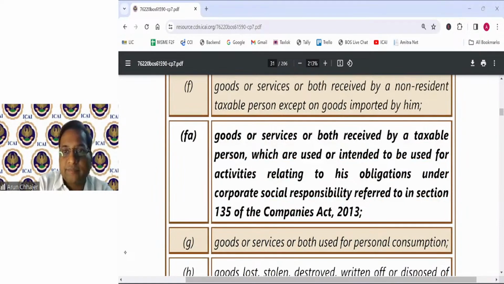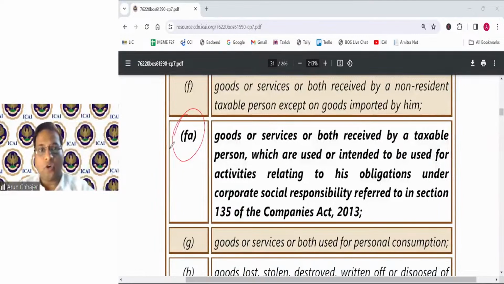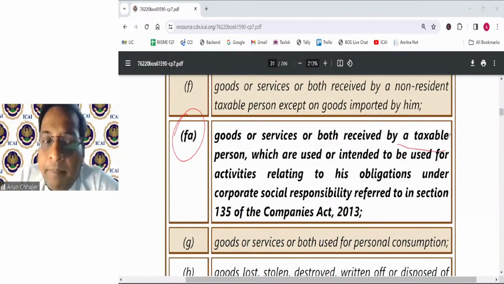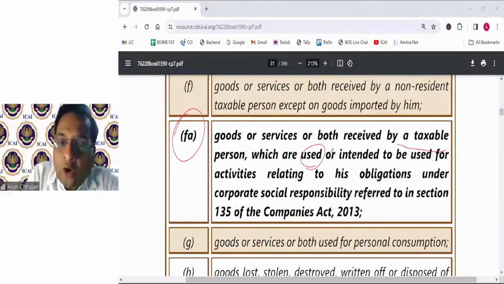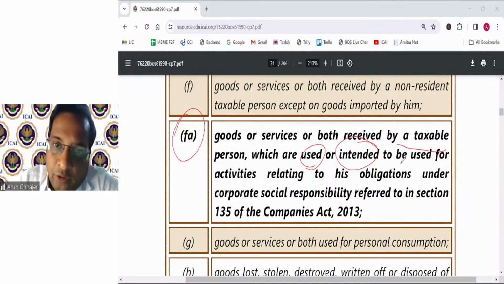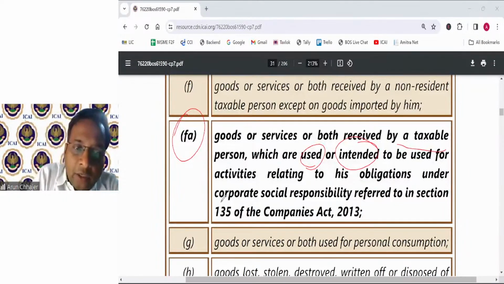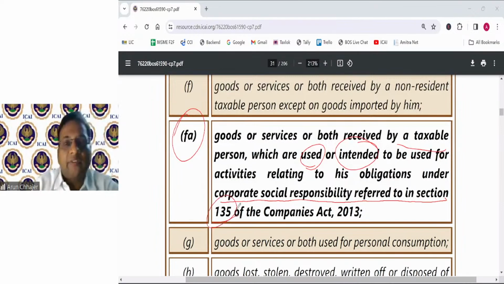Clause FA: goods or services or both received by the taxable person which are used or intended to be used for activity relating to his obligation under corporate social responsibility referred to in section 135 of the Companies Act.